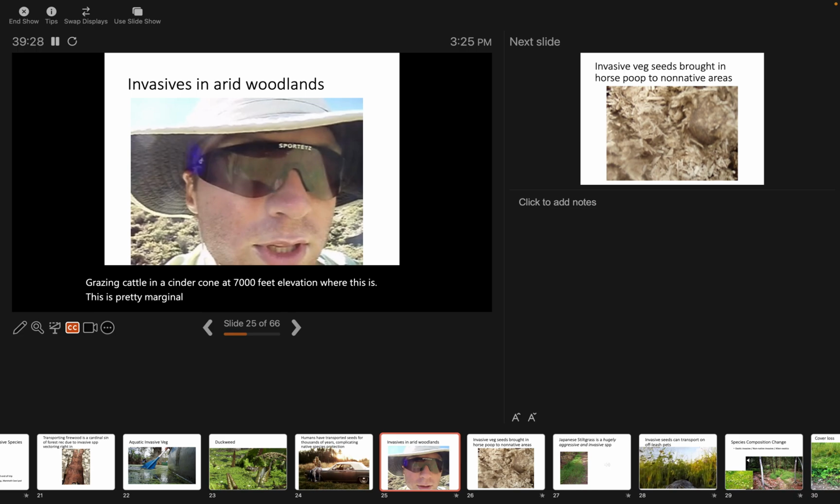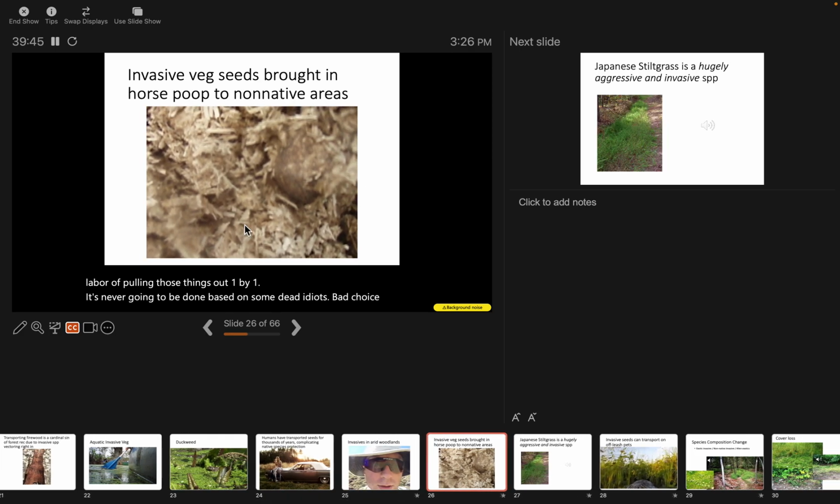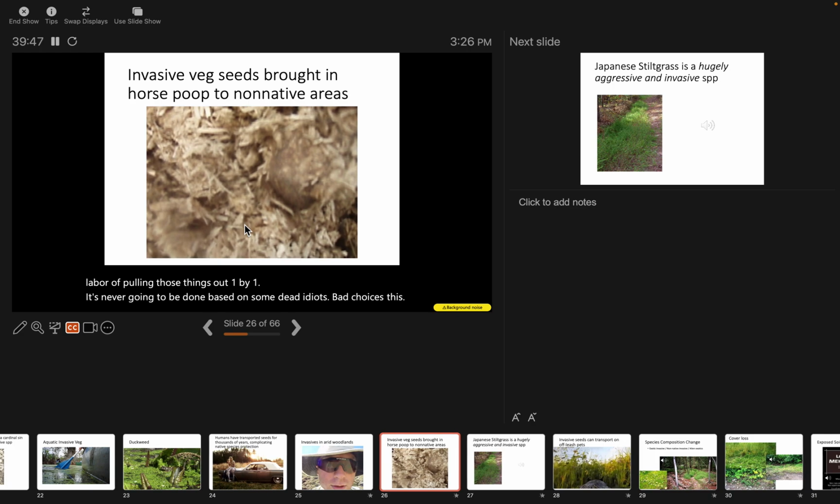But those ranchers brought in a lot of these grasses, and now they are here a century or more later, and doing the stoop labor of pulling those things out one by one. It's never going to be done, based on some dead idiot's bad choices. This is poop.